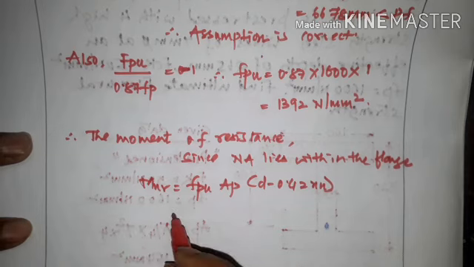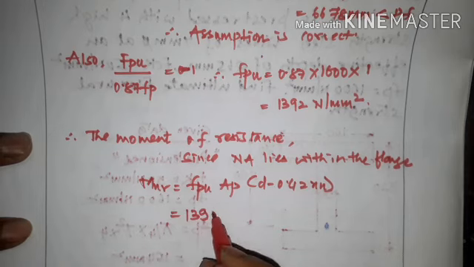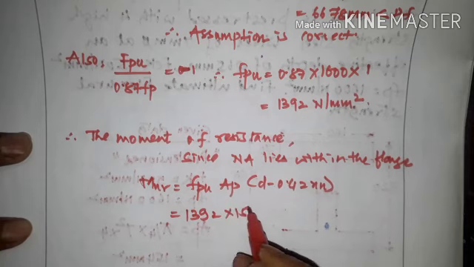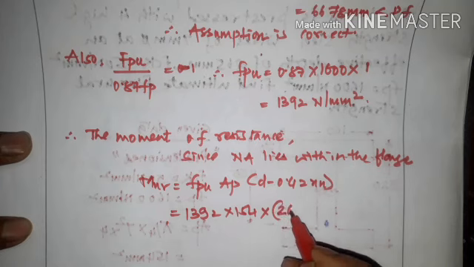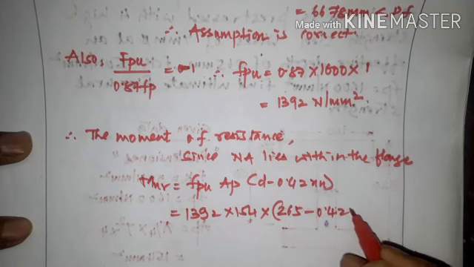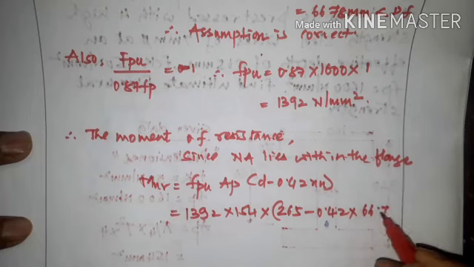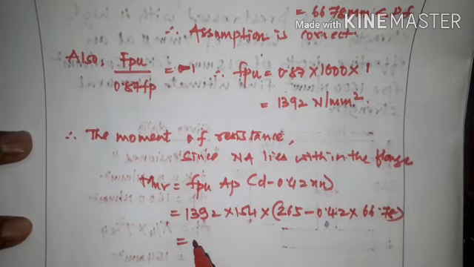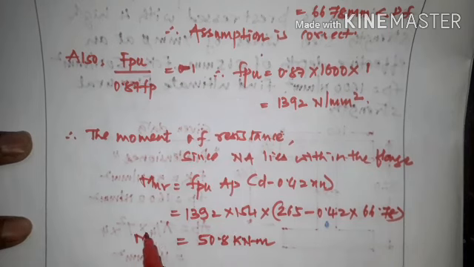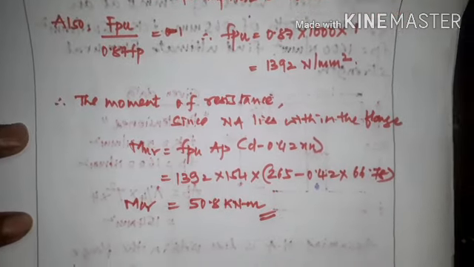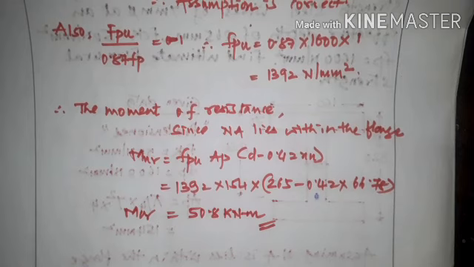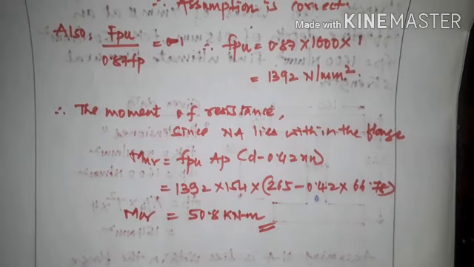That is FPU is 1392 into 154, we have got 80, that is AP. D is 265 minus 0.42 times XU, we have got 66.78, and we got the MUR as 50.8 kilonewton meter. So this is the moment of resistance of the I section. This is regarding calculating the flexural strength, nothing but the moment of resistance of I section.